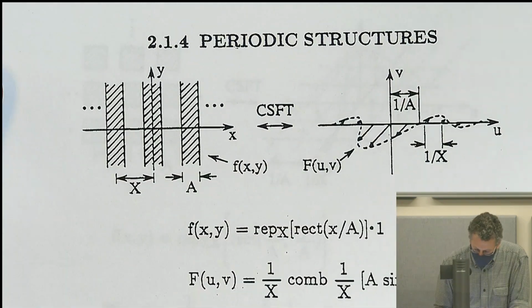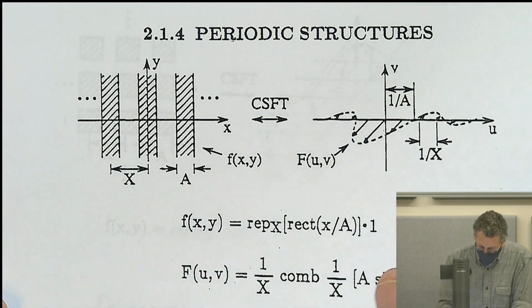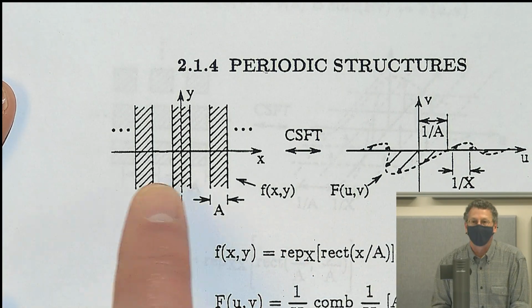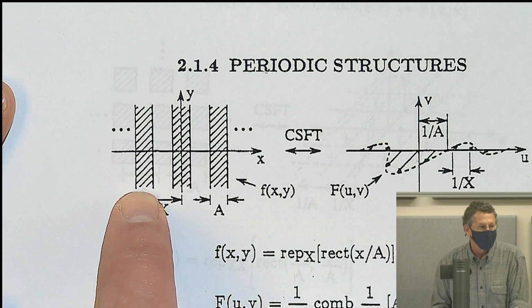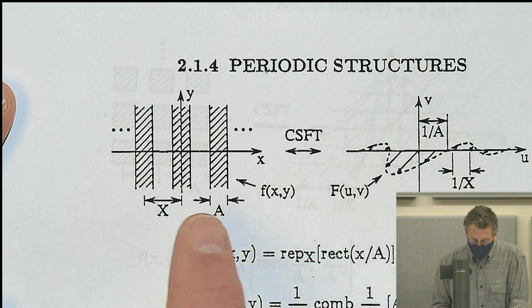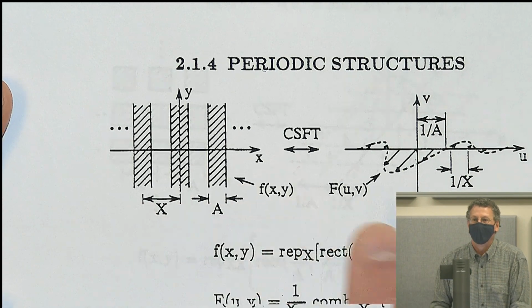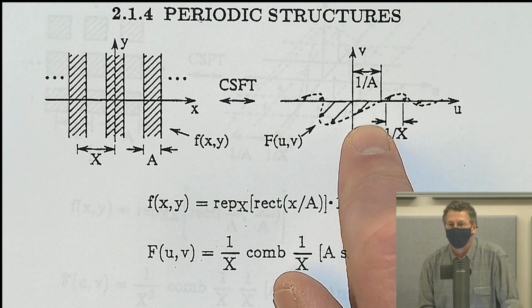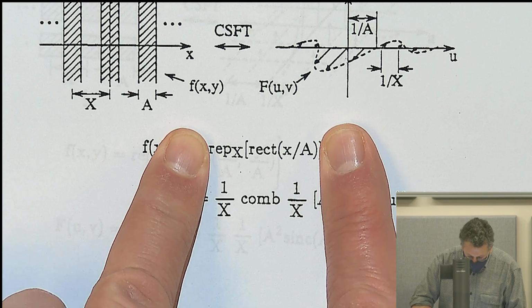Same thing here. Now what you have is, you're doing a rep to the rectangle, because the rectangle is repeating with period x, where x is the spacing. So a rep in space corresponds to a comb in frequency. So here you have rep x.